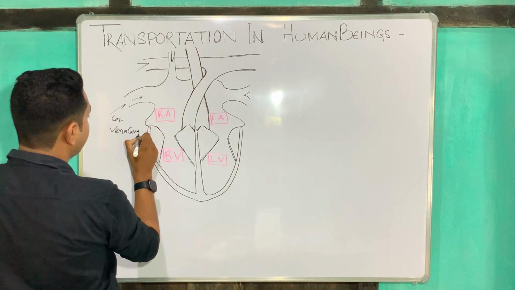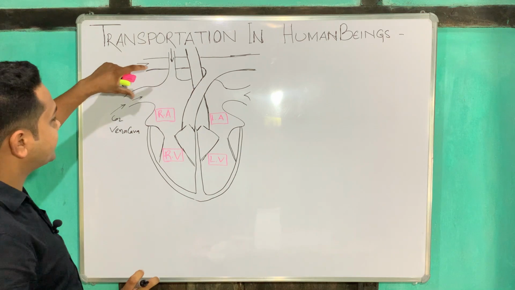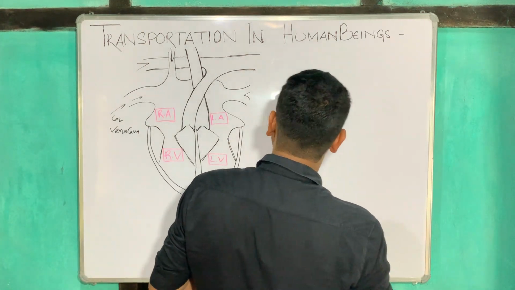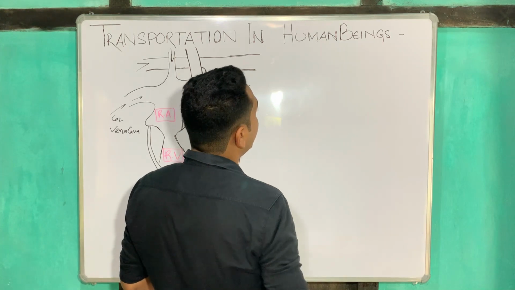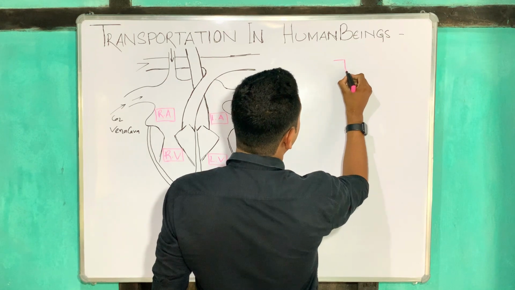That is why they are known as vena cava. Before I explain this vein, we must know one more important thing: what are veins and arteries. Suppose this is our heart.